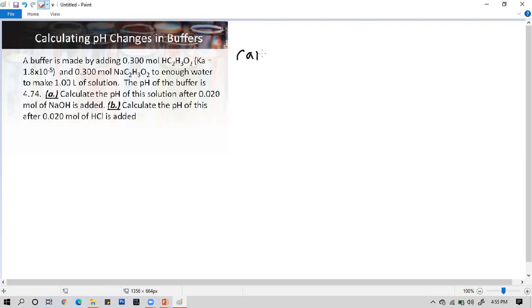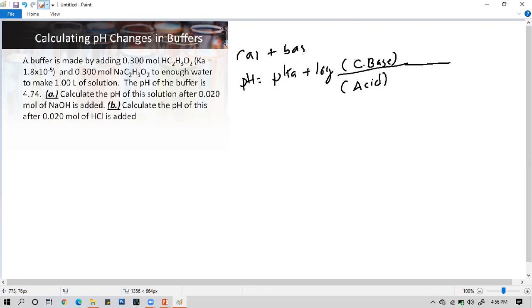Okay, letter A. Now, pH here is equal to, syempre, sulat nyo lang din yung formula, pKa plus log of concentration of conjugate base all over acid or weak acid here. Now, dito kasi, sa may part A natin, ano bang inadd natin? Sodium hydroxide. Nag-add daw tayo ng base.